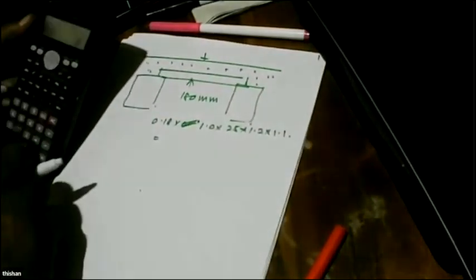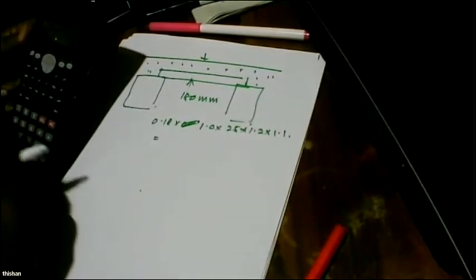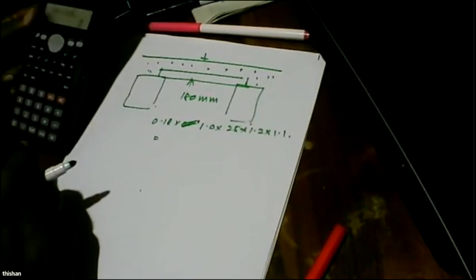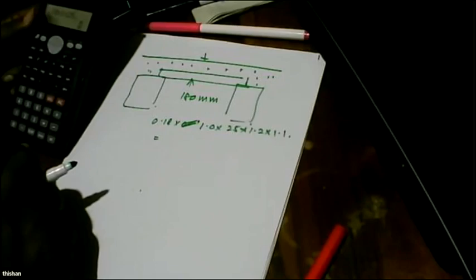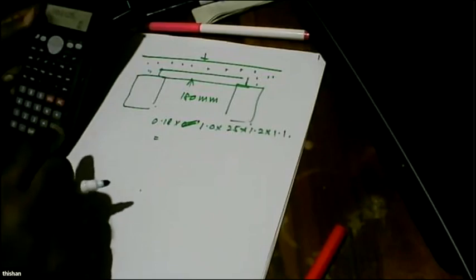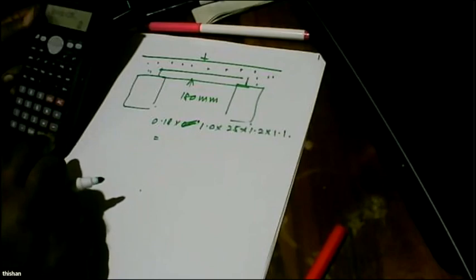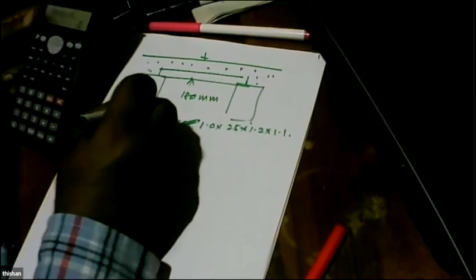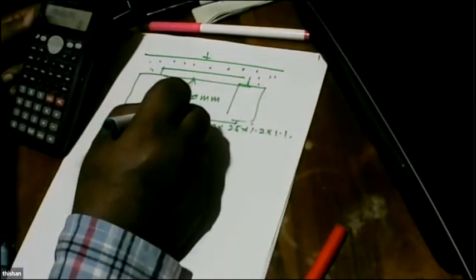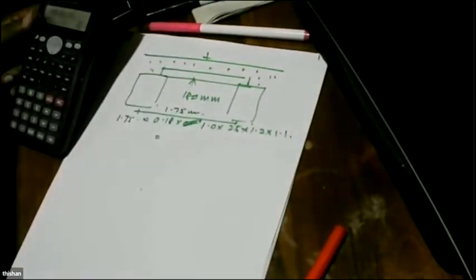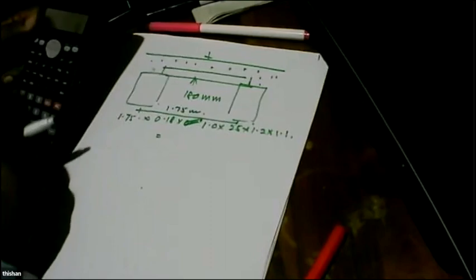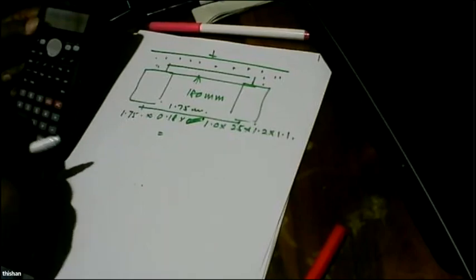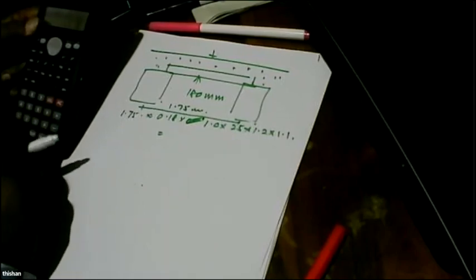So you get 1.75 into 0.18 into 1 multiplied by 25 multiplied by 1.2 multiplied by 1.2.